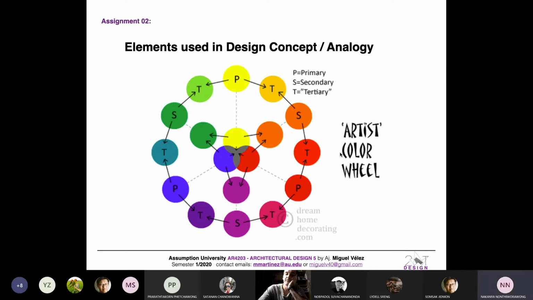Okay, can anyone explain this slide? Any volunteer? What are the things that you guys understand by seeing this image? It's the color view, Ajahn.